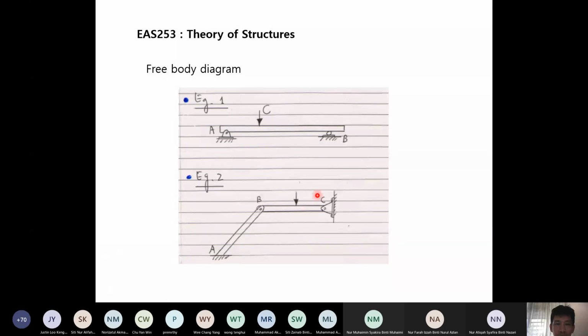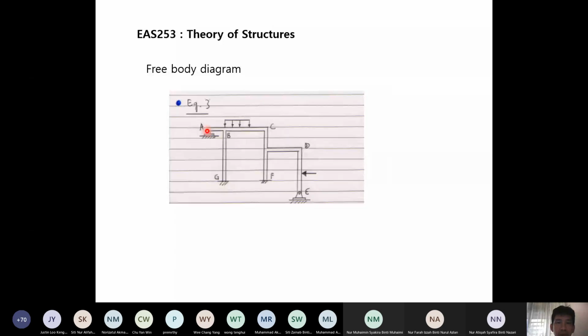Finally, this is a frame example with a pin support, fixed support, roller support, and all these members are rigidly connected to each other.